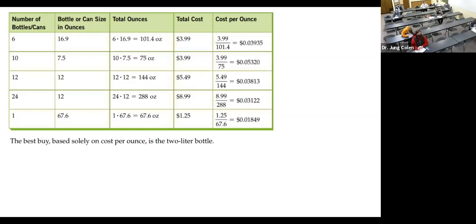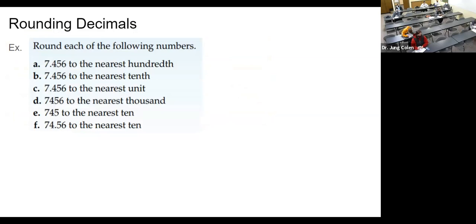Good? Okay. Awesome. Okay, let's talk about rounding numbers. You already know rounding numbers, so we're going to apply the same rule. When you are doing rounding, for example, round some number to the nearest 100.